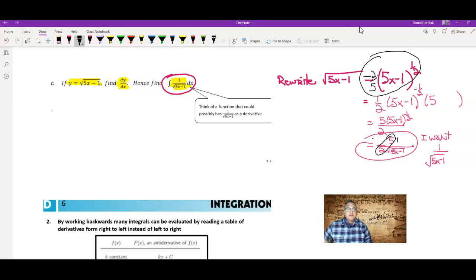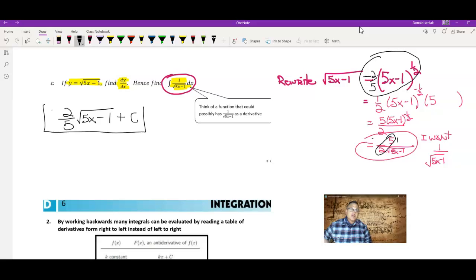Okay, so I would write that as 2/5 square root of 5x minus 1 plus my constant of integration.